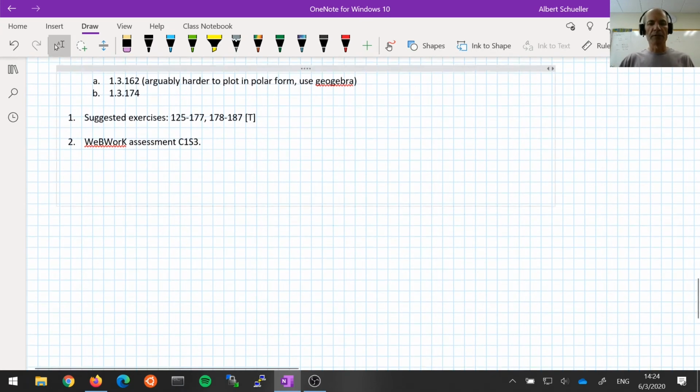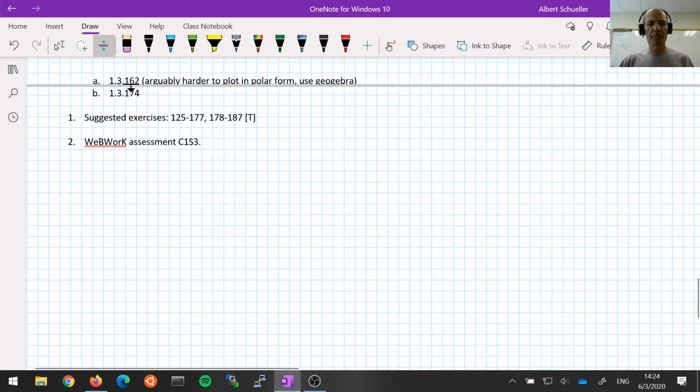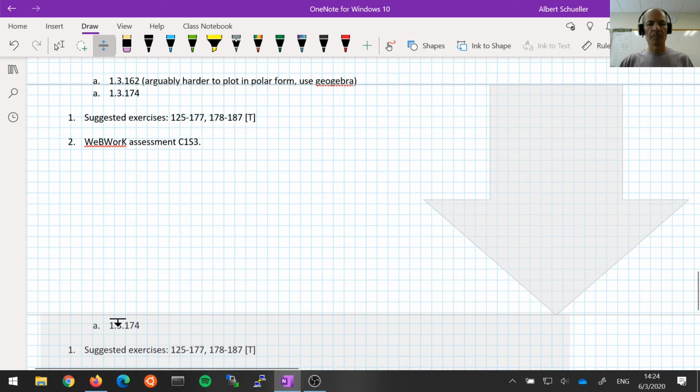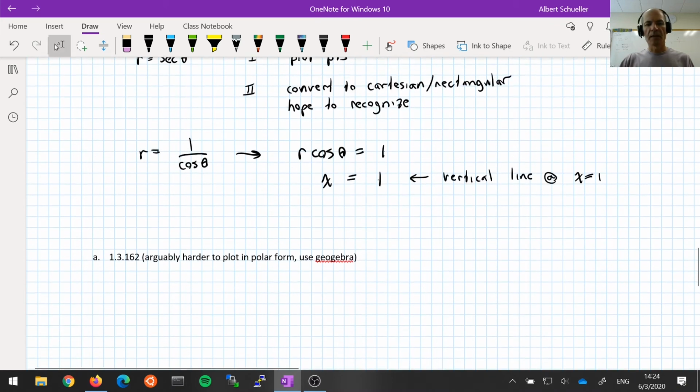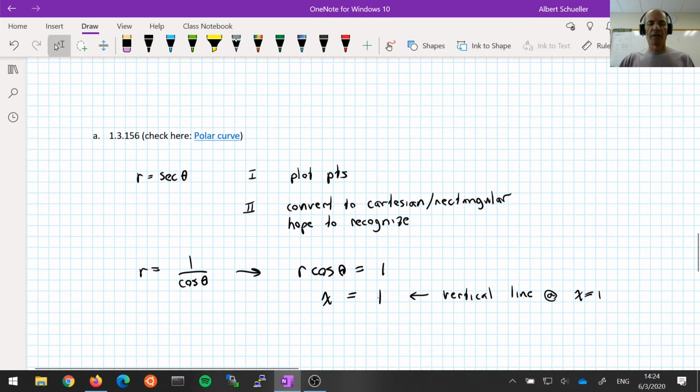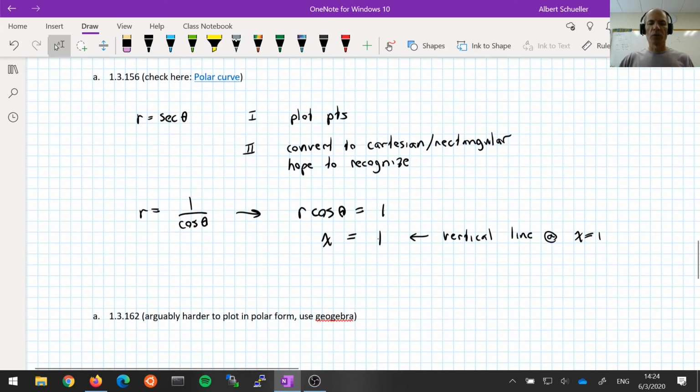Let's try a different one. And I should mention here, we've used Geogebra in this class a couple of times to visualize things, and we can actually plot this function in Geogebra as it is here, as opposed to here.